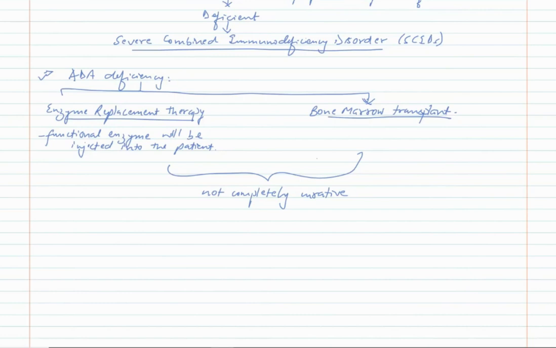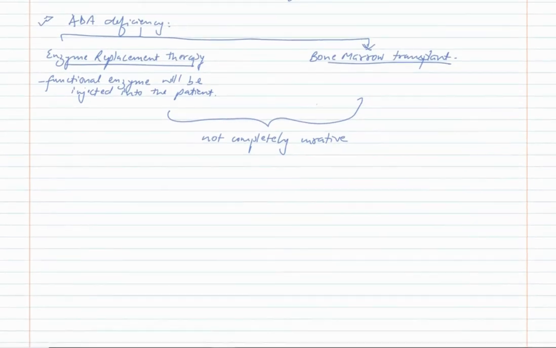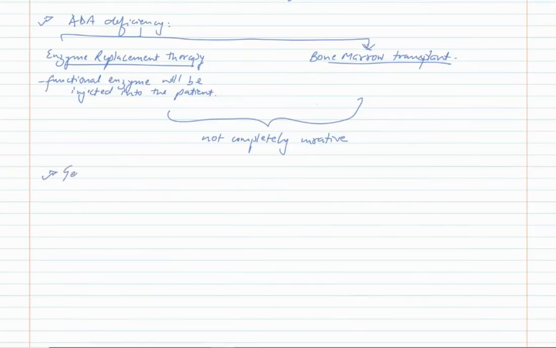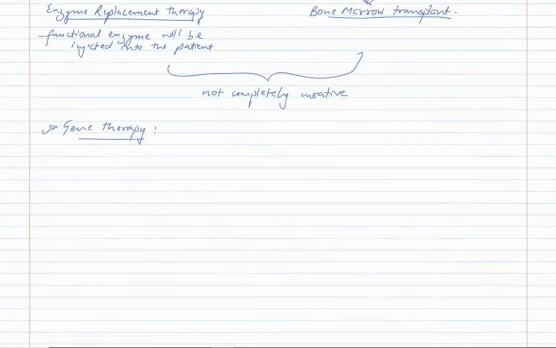Only in a small proportion of cases we actually succeed, and in a large proportion of cases bone marrow transplantation will not cure the problem completely. It will only solve our problem partially. So the better option we have is gene therapy.